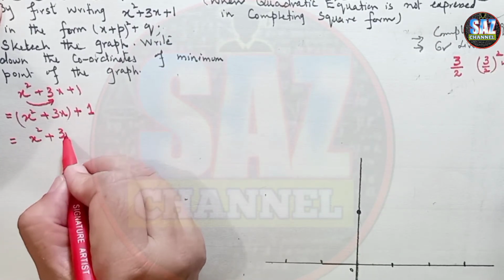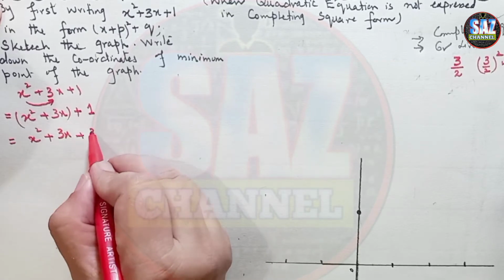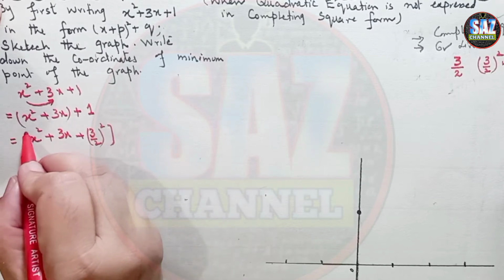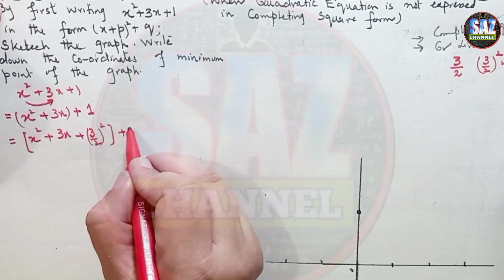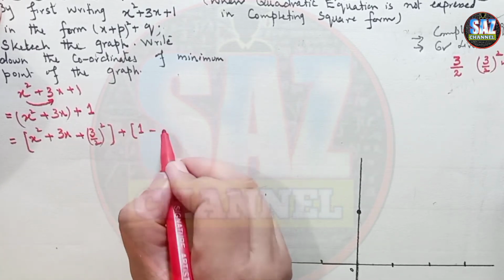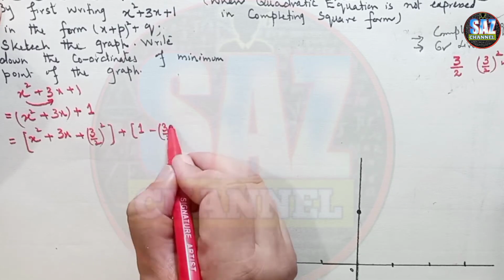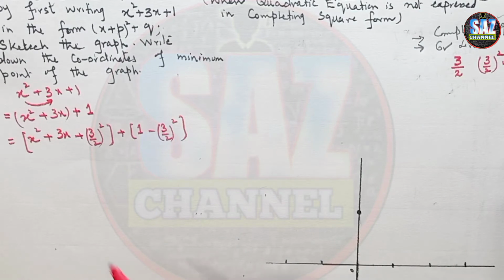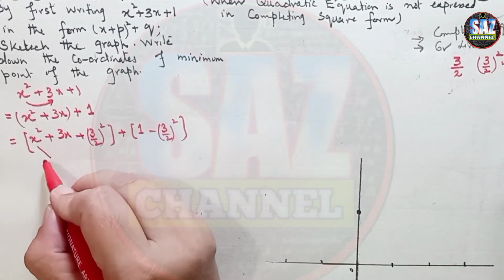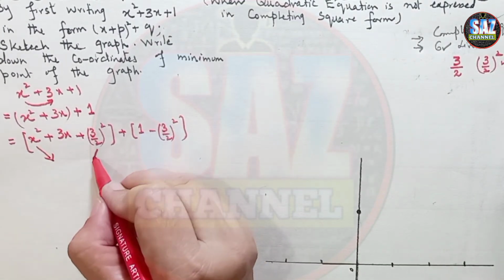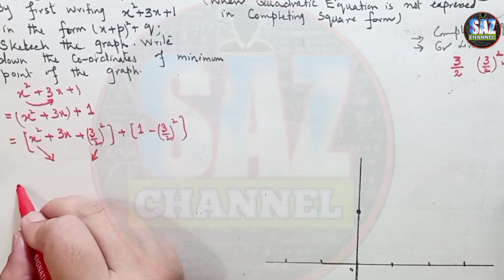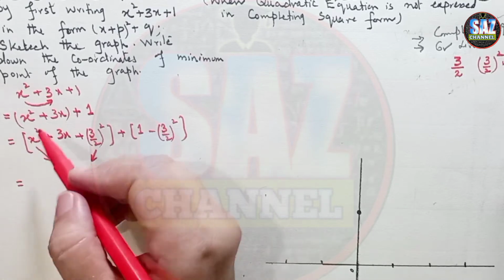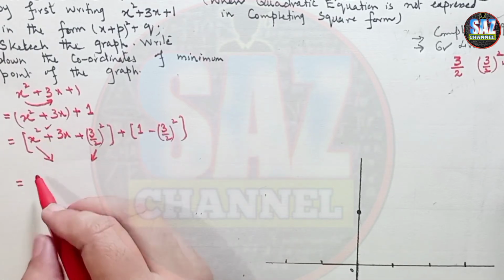So the expression will take the form x square plus 3x plus (3 by 2) whole square, and then I close the bracket, and then plus 1 minus (3 by 2) whole square. Now we have to express these 3 terms in the form of the perfect square identity, either (a plus b) whole square or (a minus b) whole square, depending upon the sign of the middle term.